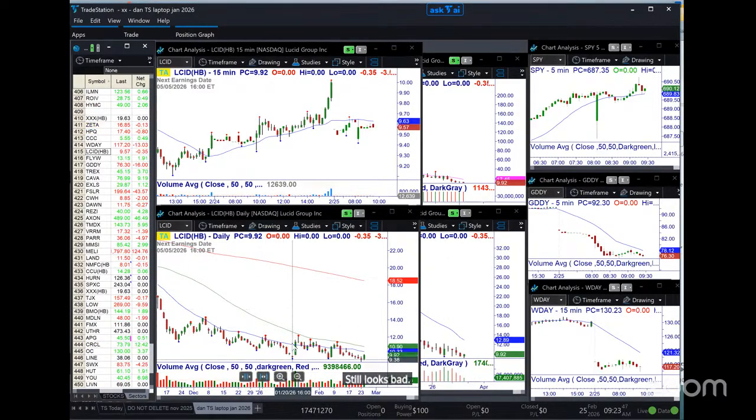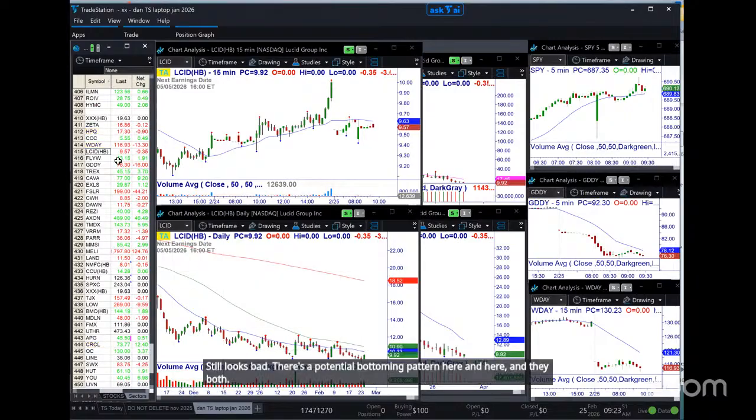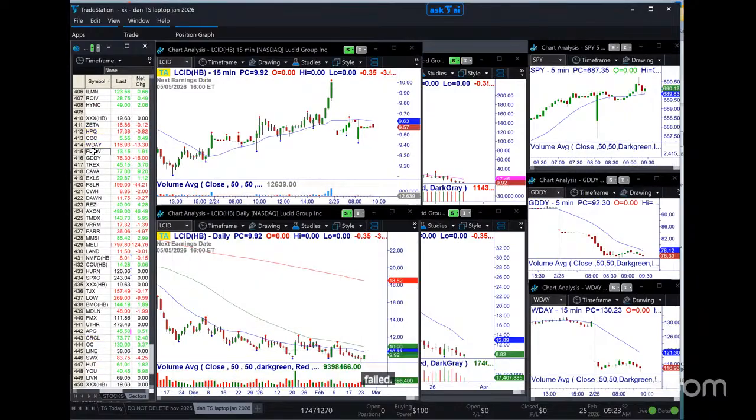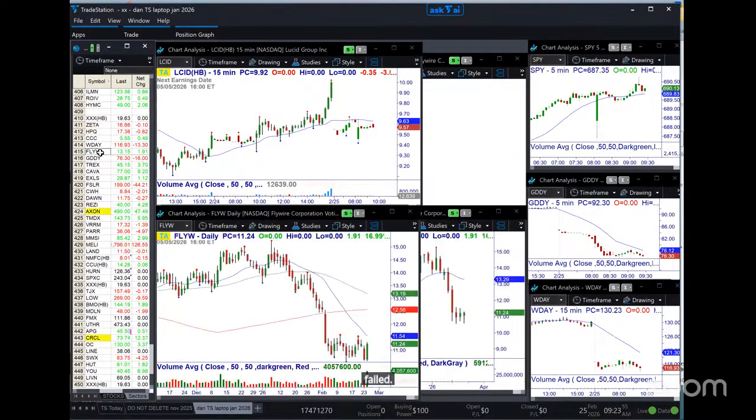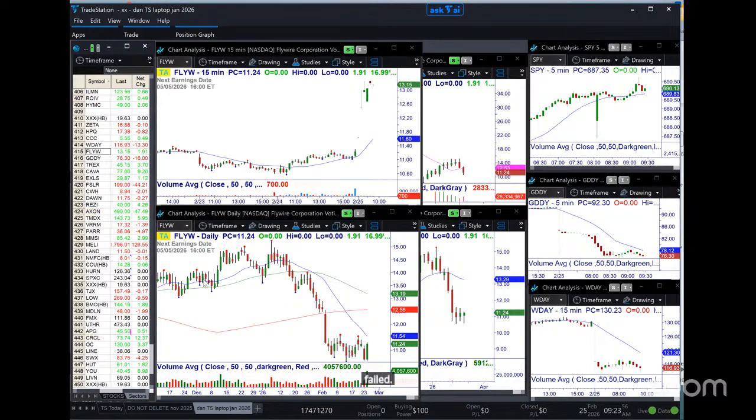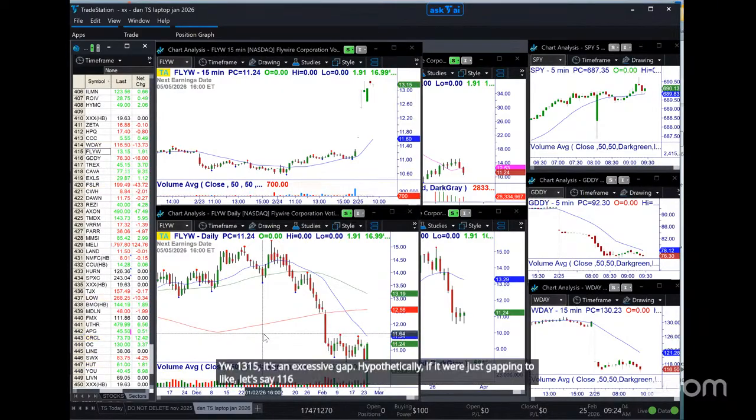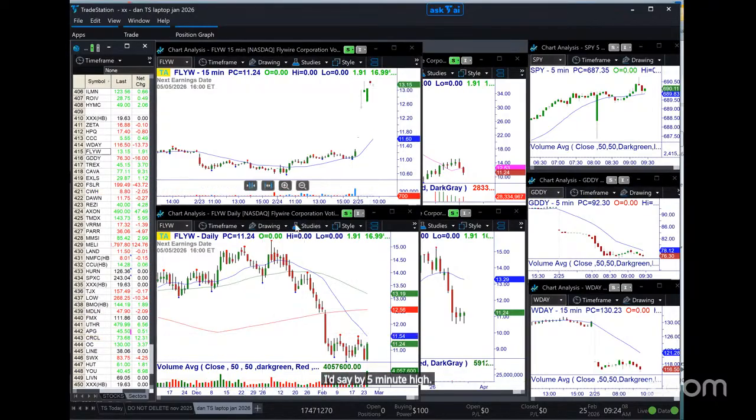There's a potential bottoming pattern here and here, and they both failed. YW 1315, it's an excessive gap. Hypothetically, if it were just gapping to like, let's say, 1160, 1170, I'd say buy 5-minute high. But gap's too big.